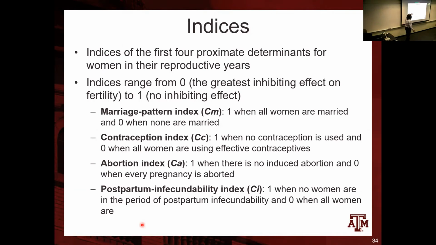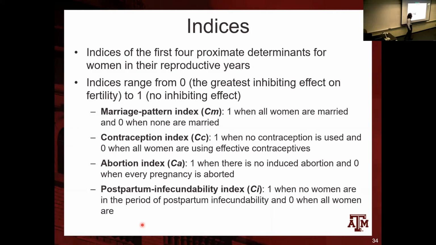When they are closer to 0, there is the greatest inhibiting effect on fertility. So fertility goes down. 1, no inhibiting effect. So fertility goes up. The marriage pattern index is 1 when all women are married, and 0 when no woman is married.